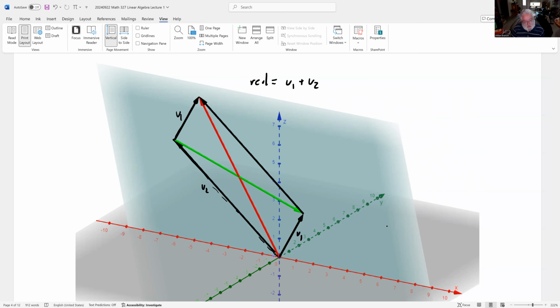And the green vector that points from V2 to V1 is V1 minus V2. Let's get that kind of backwards. Right, because if I add V2 to this, I had this black vector and this green vector, I get V1. So this is, again, a parallelogram.